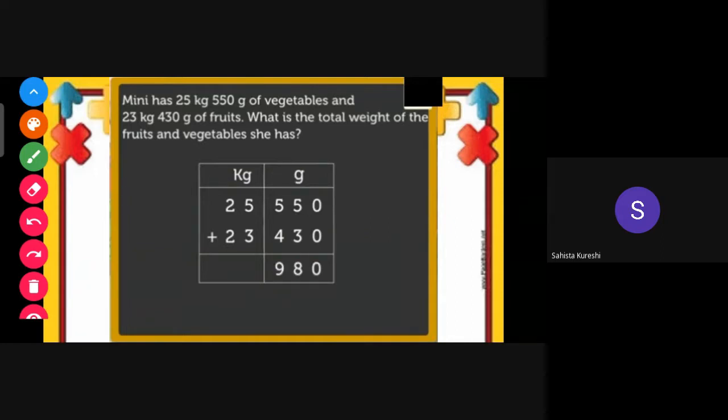Now we will see the kilogram part. 5 plus 3, 8, and 2 plus 4, 4. So the answer is 48 kilogram and 980 gram.